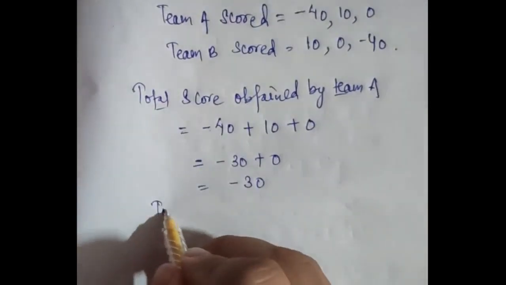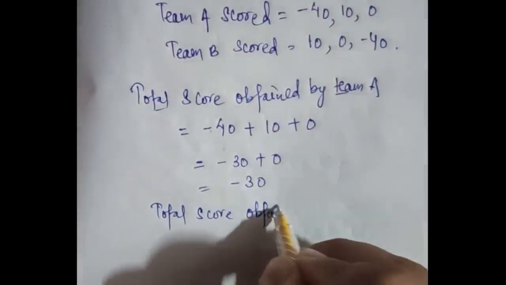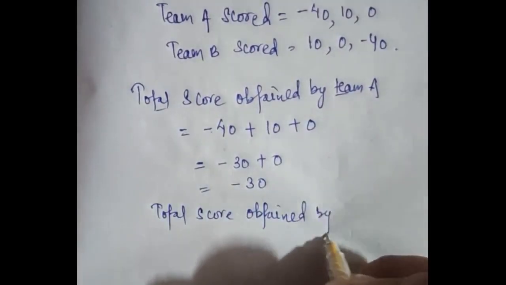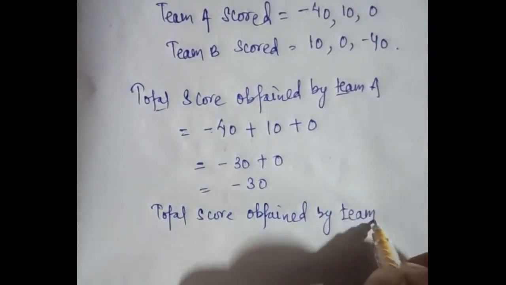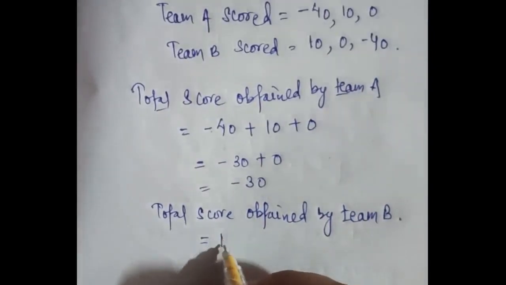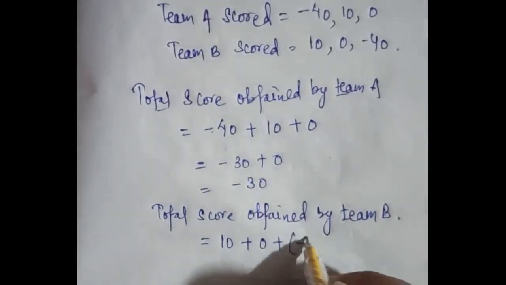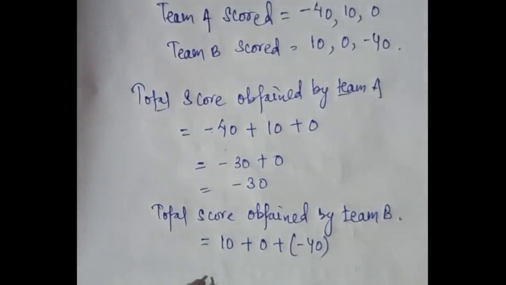Total score obtained by team B is equal to 10 plus 0 plus (-40), it is in negative so I am putting this in bracket.